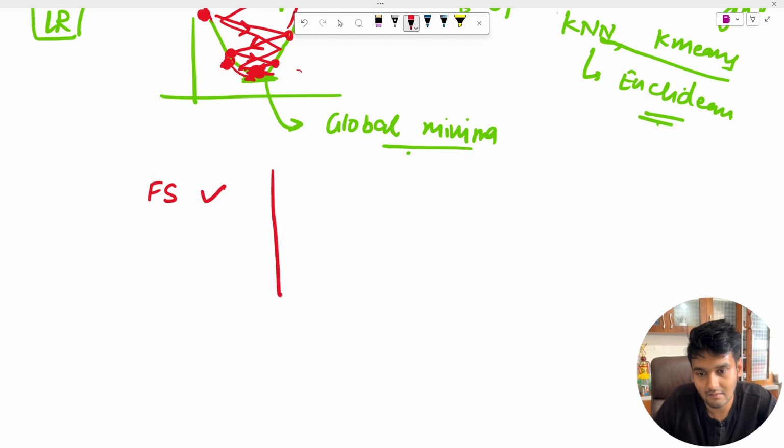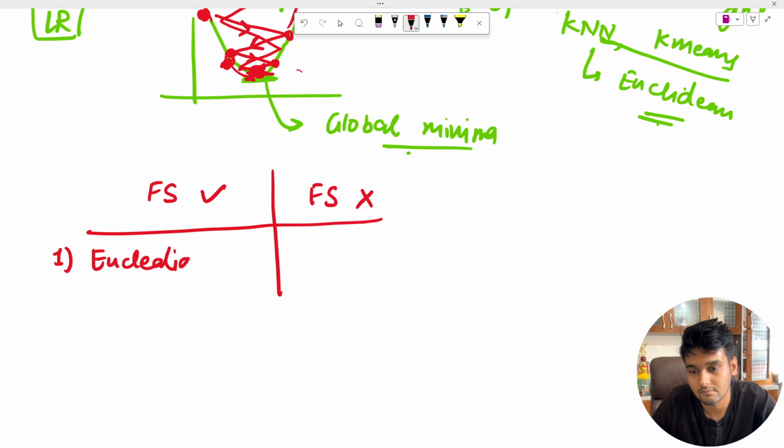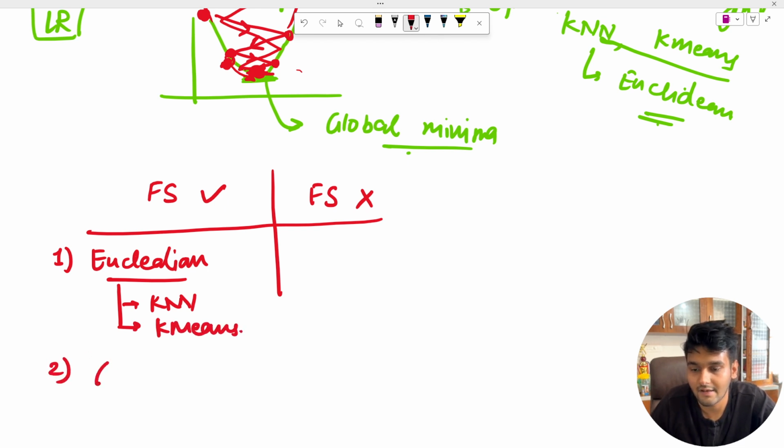So we'll create two columns: where feature scaling is required and where it is not required. All the algorithms which work on Euclidean distance, such as KNN, then K-means. Second, algorithms working on gradient descent, right?